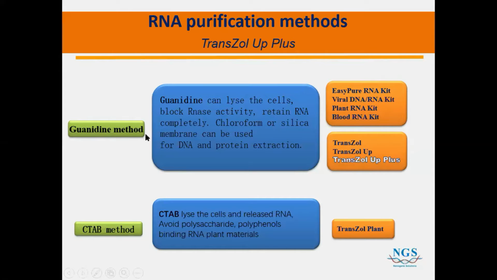You can see that the guanidine method is so flexible and so robust that most of the kits here are using this method for their extraction. And we also have the CTAB-type method, which is more for plant samples. Our focus here today is Transo Plus. Okay.